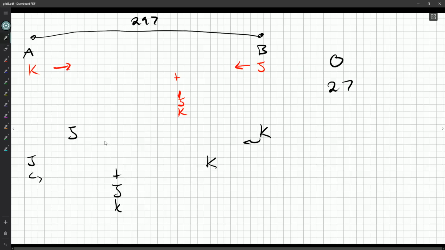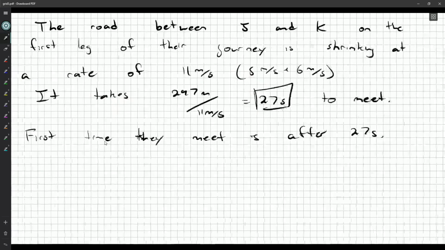Now I want to figure out, well, when does Karuna hit B? Okay. So 27's good.